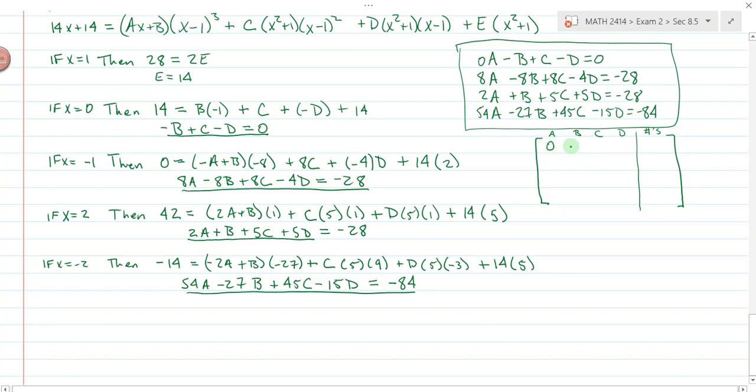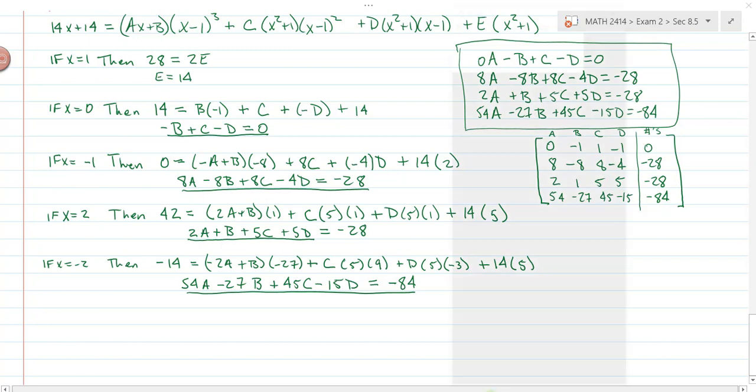It's going to be 0, negative 1, 1, negative 1, 0, 8, negative 8, 8, negative 4, negative 28, 2, 1, 5, 5, negative 28, and then 54, negative 27, 45, negative 15, negative 84.